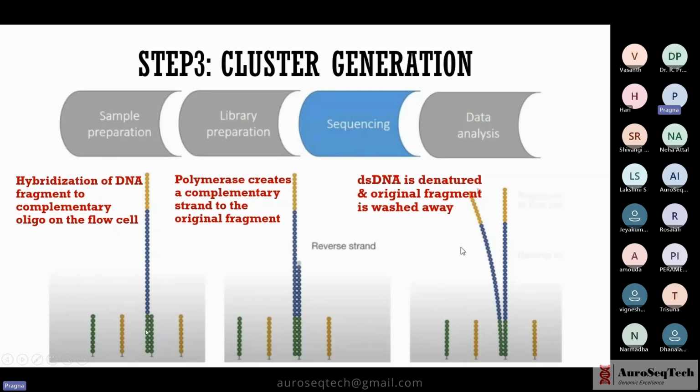Once this DNA fragment is bound to the oligo, the DNA polymerase creates a complementary strand against this original fragment. So now we have a complementary strand, as you see here. After that, the double-stranded DNA is denatured, and the original fragment is washed away. So this one is washed away.